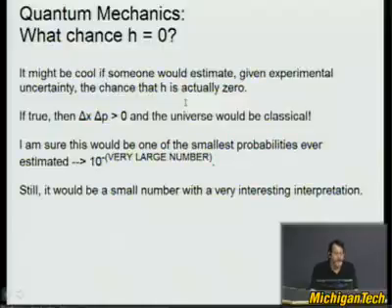Everything in experimental physics is given some error bars, and with the big numbers involved in many worlds interpretations, how many universes there are and things like that, I thought it might be cool if someone would actually estimate, given experimental uncertainty, the chance that h is actually 0, given every experiment. If true, then delta x delta p could be greater than 0, and maybe the universe would be classical.